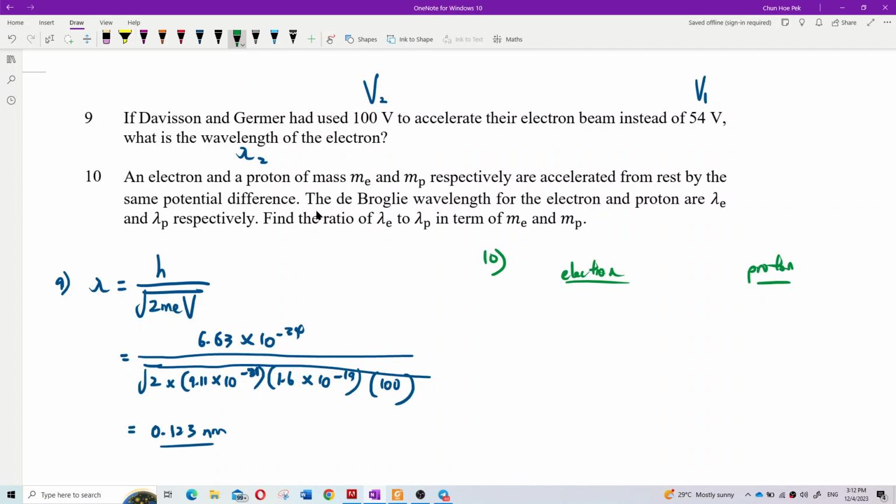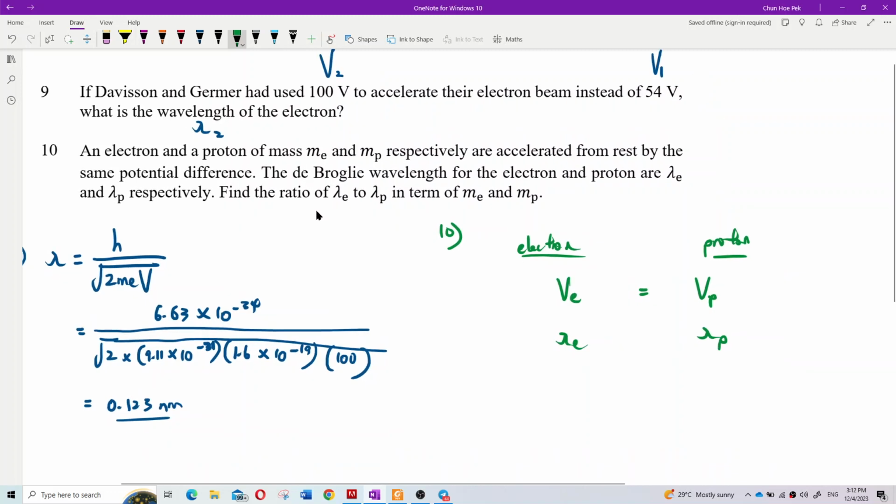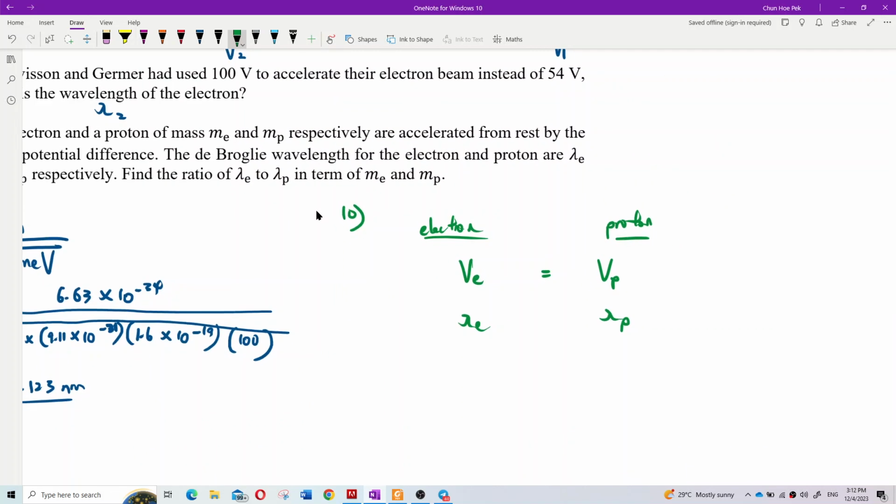They are the same voltage, voltage E equal to voltage P. De Broglie wavelength, so you have lambda E, lambda P. Now we want to find the ratio of lambda E to lambda P, so that means lambda E over lambda P.